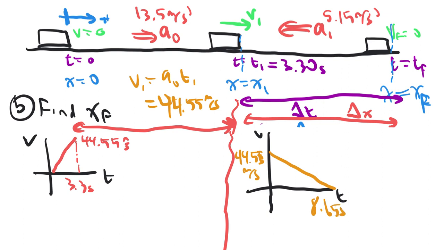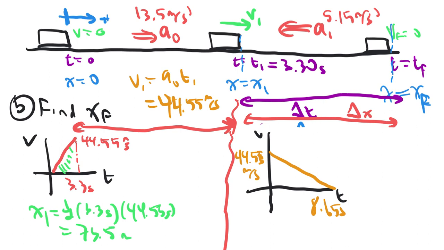Which makes life relatively easy, because what we want are the two distances, and the distances would be these triangles. So x1, which is the displacement in the first case, is just 1/2 times 3.3 seconds times 44.55 meters per second, which is 73.5 meters.